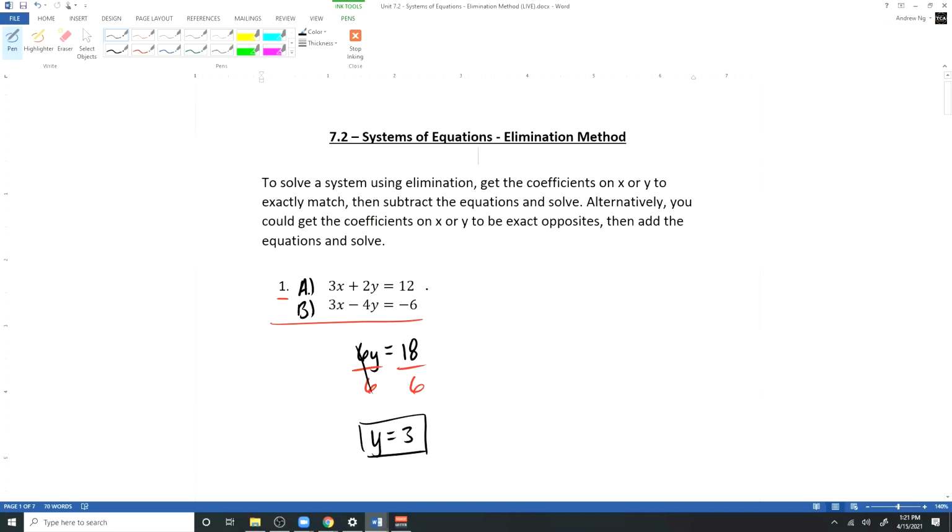Whichever one you think is going to be easier to work with, if you like equation A, you could just copy over equation A right here, 3x plus 2y equals 12. And you could say y is now 3, so 3x plus 2 times 3 equals 12.